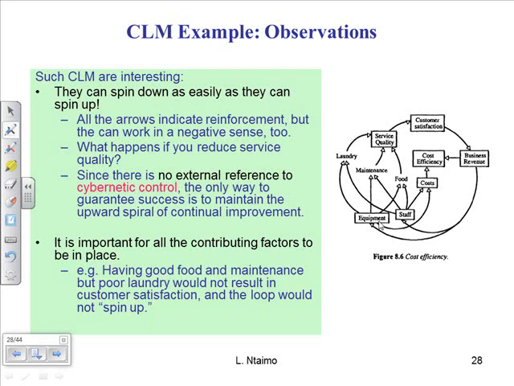But we have to keep in mind that this particular causal loop model is more like out of context, because we are not talking about other issues associated with hotel business. So just keep that in mind. So we need something else to provide some kind of feedback.